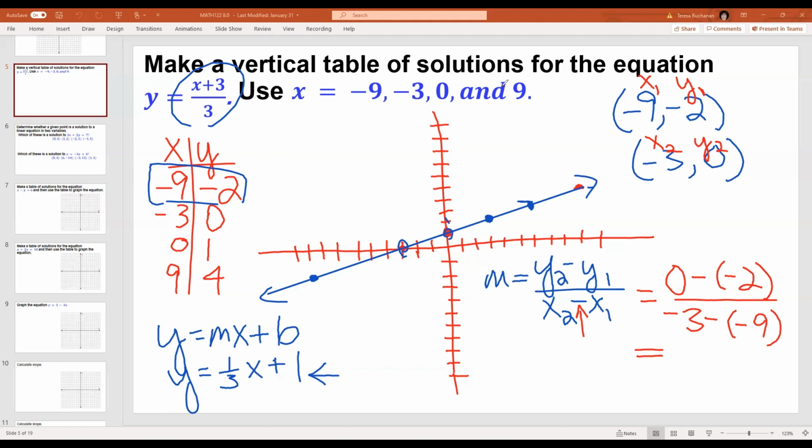So we have 0 plus 2 in the top, and in the bottom we have 9 minus 3, 6, 2/6, which is 1/3, which is, in fact, the slope that we saw just by looking at the equation. So there's a quick reminder about slope as a calculation, and as you see it on a graph. We'll practice that a bit more as the slides continue here.